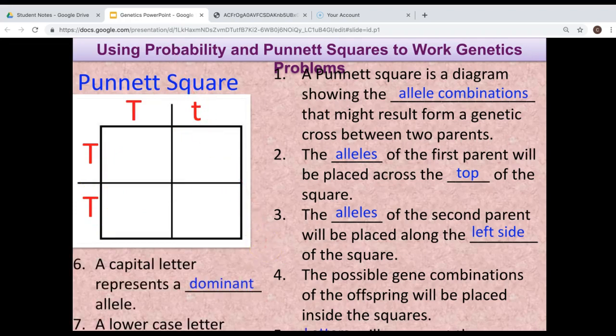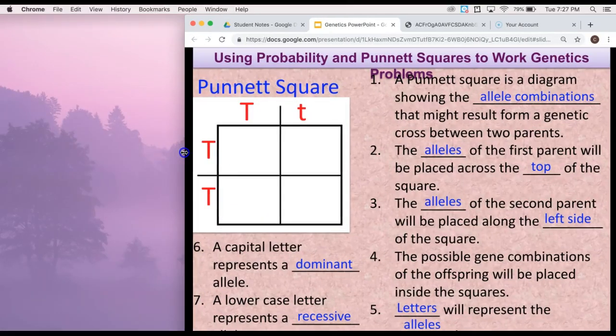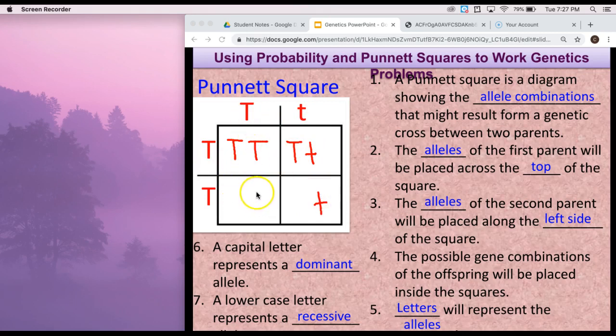I'm actually going to do this with you. Let me make this a little larger, and I will draw on this for a second. So we go big T, big T. Big T, little t. Again, I'm bringing this here, this down, this goes down, this goes down, this goes across, this goes across.